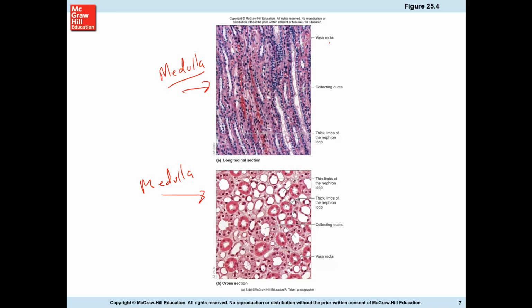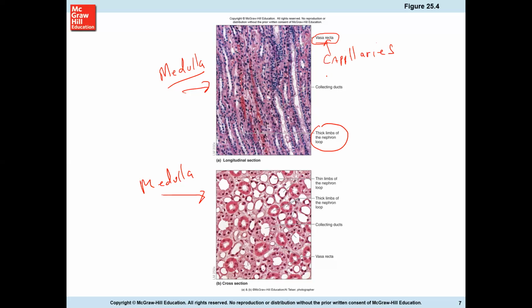So this is an important term. The blood vessels that go along with the nephron loop are called vasa recta. So these are capillaries within the medulla, especially in juxtamedullary nephrons, right?